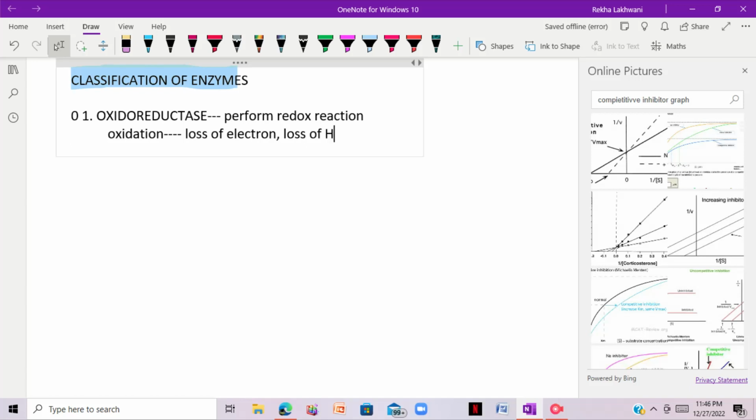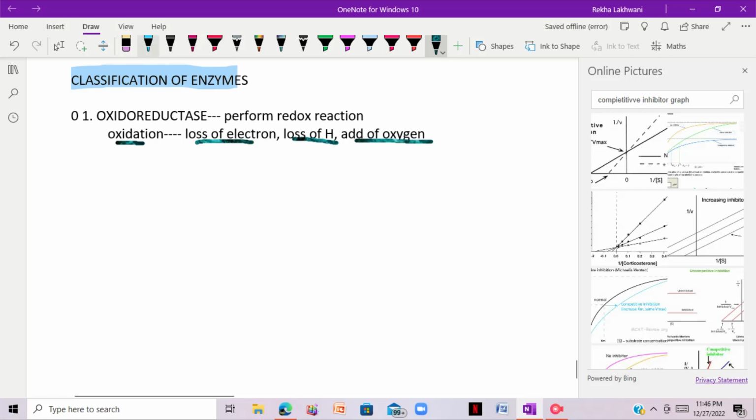So basically oxidation means loss of electron, either loss of hydrogen or addition of oxygen. This is the definition of oxidation. And I guess you guys studied this in chemistry in your previous classes, right?